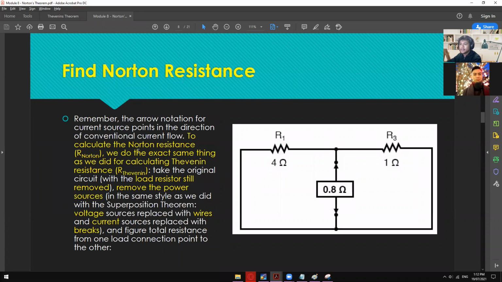Okay, so I did verify that one in here. To calculate the Norton resistance, or the R Norton, we do the exact same thing as we did for calculating Thevenin resistance. So we have to leave this open and then combine those two, and you will get 0.8 ohms using a parallel connection in here, R1 parallel to R3.